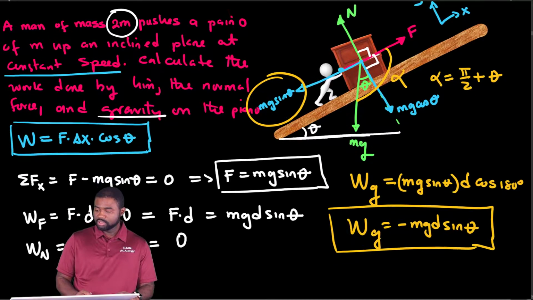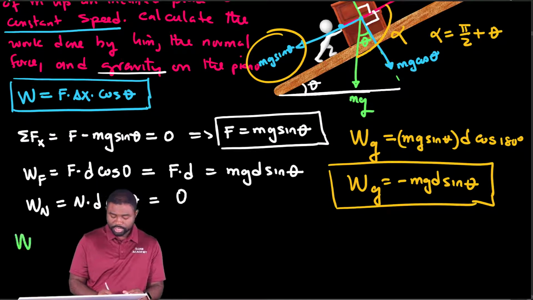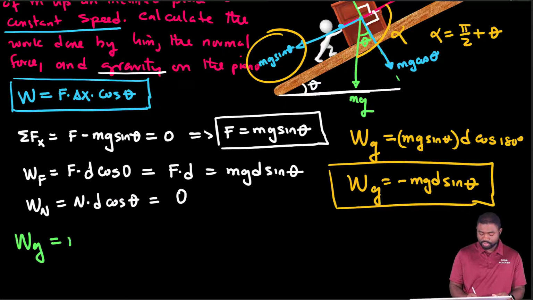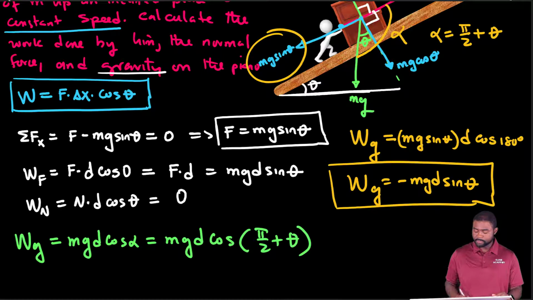This would imply that the work done by gravity is equal to mgd cosine alpha, which is mgd cosine of pi over 2 plus theta.